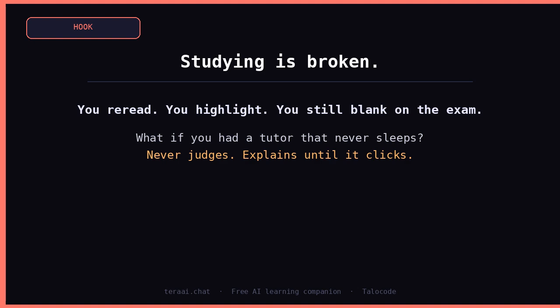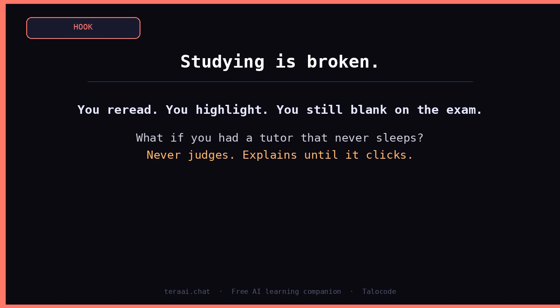That tutor is Tera, a free AI learning companion at teraai.chat. Here's how to get started. First, go to teraai.chat and sign in with your Google account. No credit card required. You get free monthly credits to use however you want.